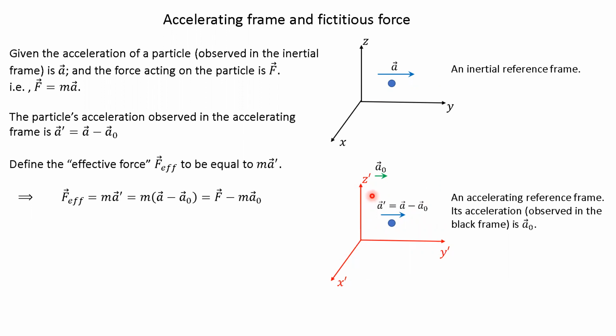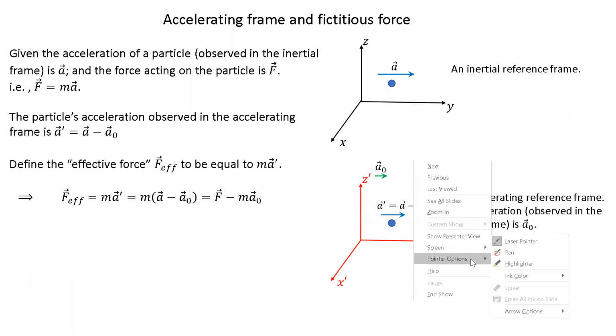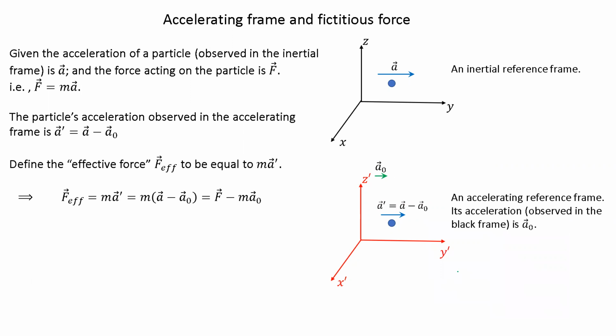So now, if you want to set up the equation of motion in this red frame, what would you do? If you are in this frame, you cannot simply say that F equals m a prime, right? You cannot do that.